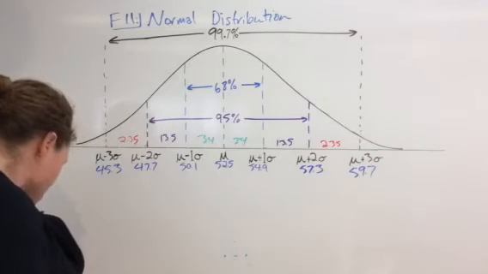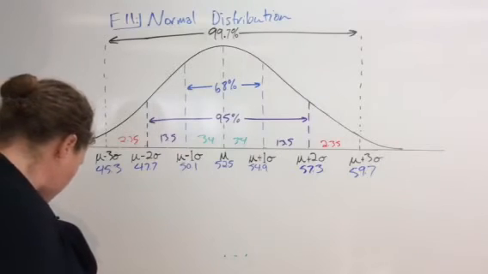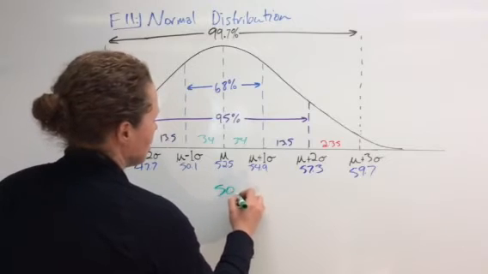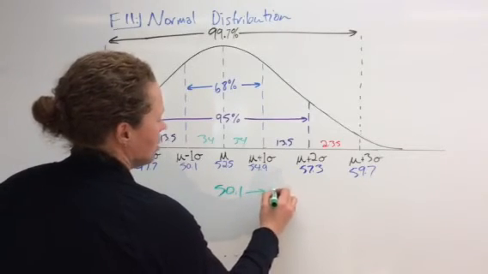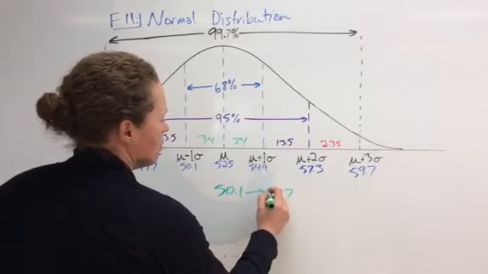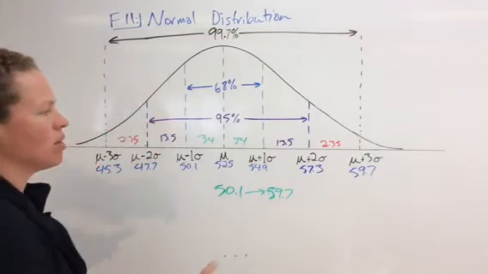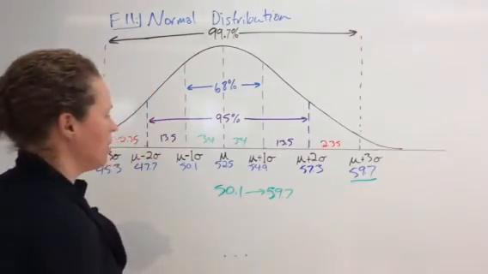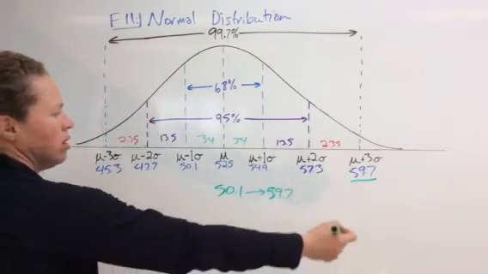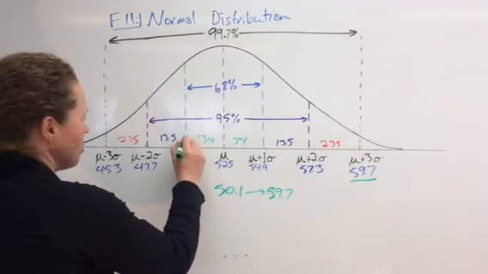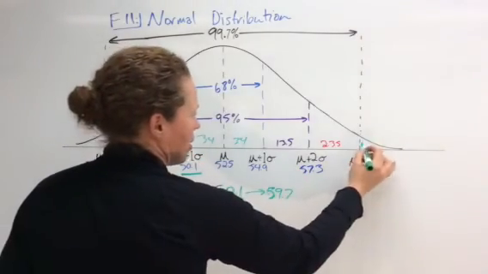Next part says, which ones are between 50.1 and 59.7? Ah, see? It's a good thing we figured these out, because look, there's 59.7. It's all the way over there. Where's 50.1? Right here. There we go. So we're looking at between here and here now.